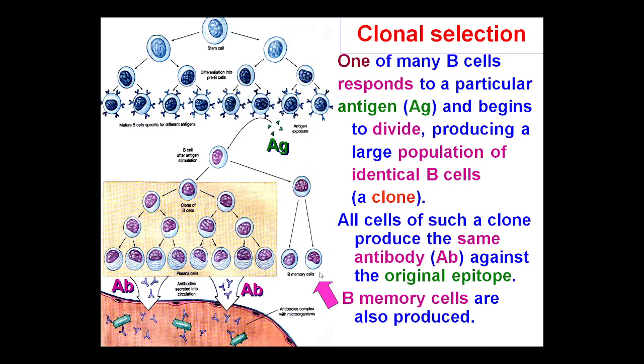But some of the descendants of this initial B lymphocyte activated by our antigen are memory cells. These memory cells can be prevented from transformation to plasma cells and stop their replication, remaining B cells. These cells occur in the lymphoid organs.